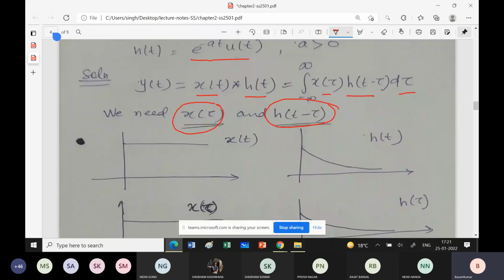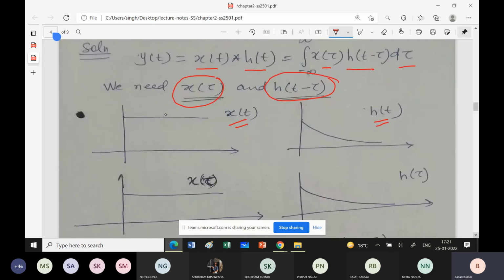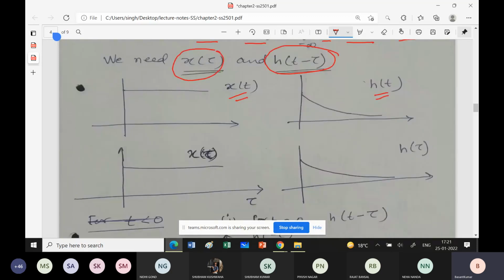And what do you have? You have x(t) and h(t), these two equations are given to you. So what you have to do is just change the independent variable. You have a very similar function.